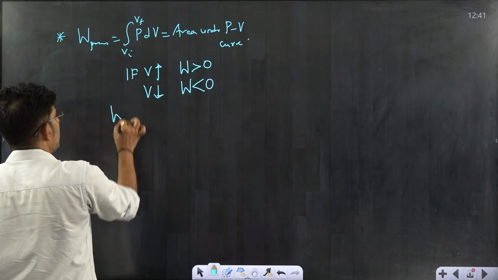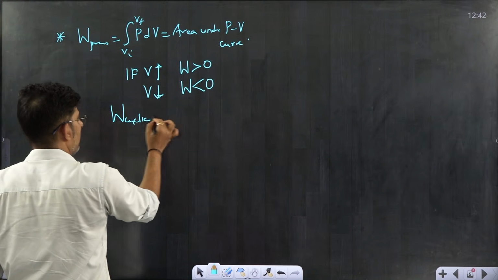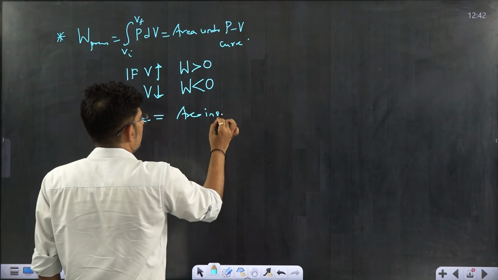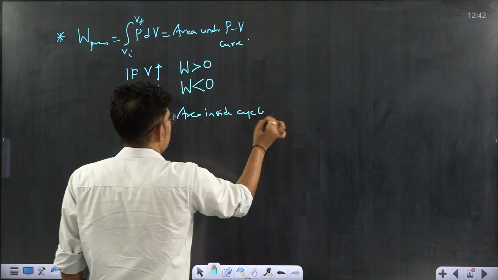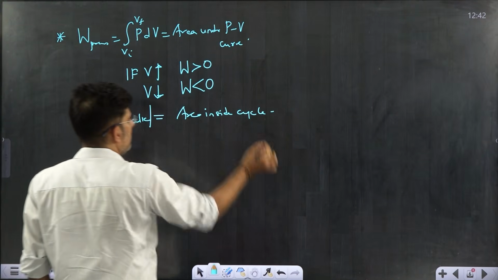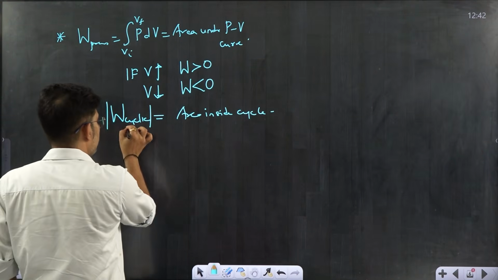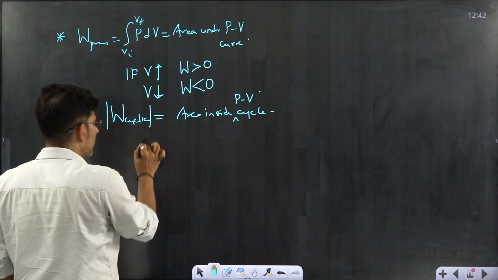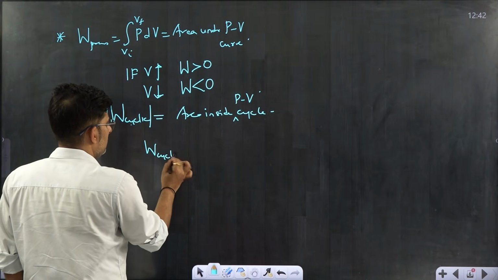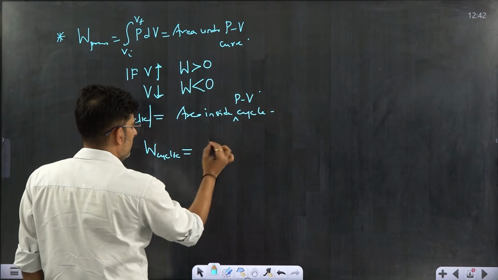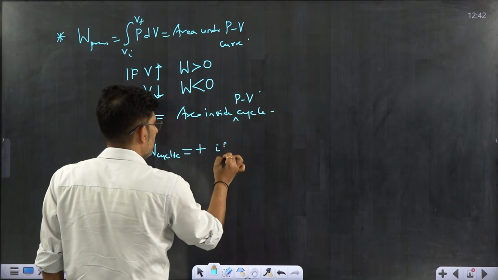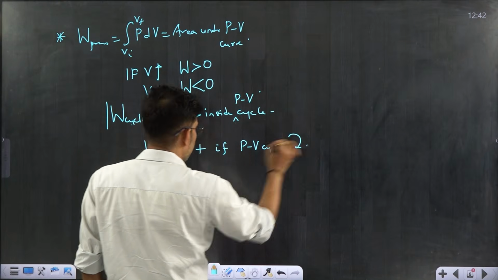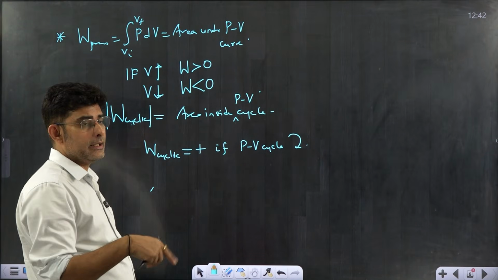If you have a cyclic process, in a cyclic process, the magnitude of work done is simply equal to the area inside the cycle. And which cycle? PV cycle. And work done by the gas in a cyclic process will be positive if the PV cycle is clockwise. Sometimes they will give you a VP cycle.